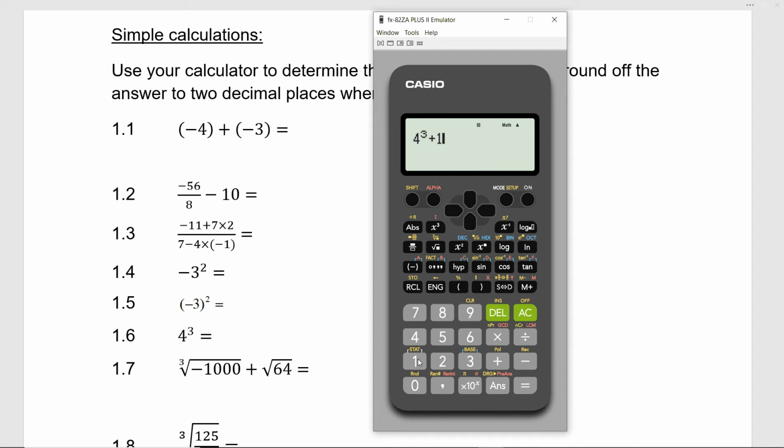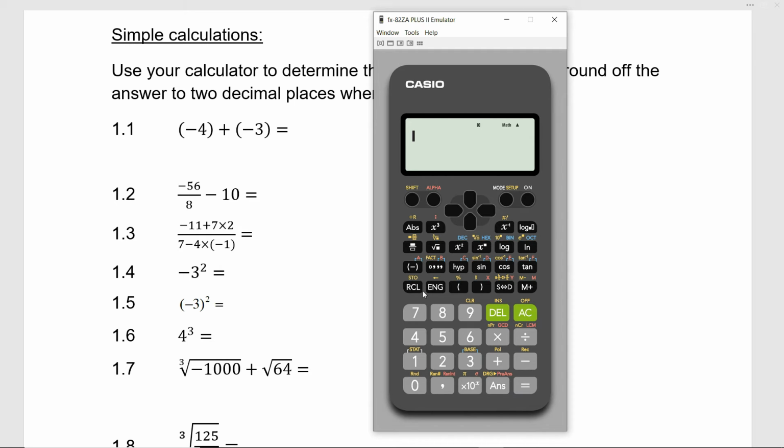I'd need to make sure that that plus 1 is outside of the exponent, because if I don't do that and I keep it in there, then my plus 1 will be part of the exponent, and what I'll actually be working out is 4 to the 4. Okay, so we'll just go back to the actual answer for now, which is that 64.